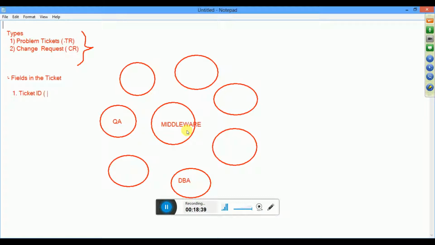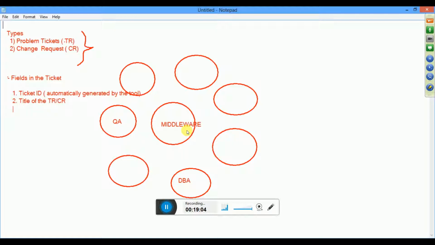The ticket ID is automatically generated by the tool, like Remedy. If you are using Remedy, it generates the ID. After that ID, you will give the title of the TR or CR.